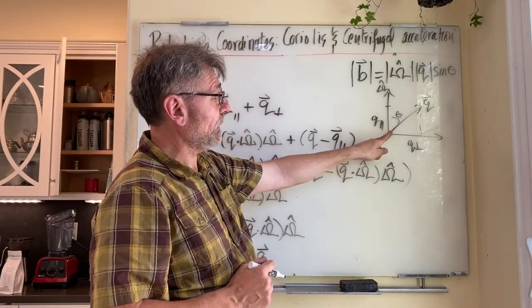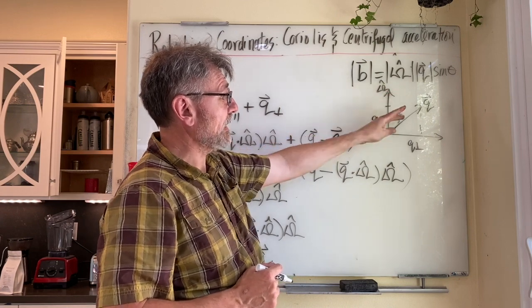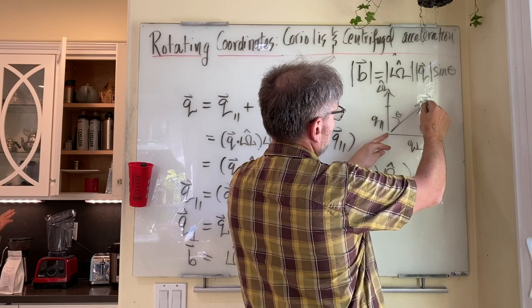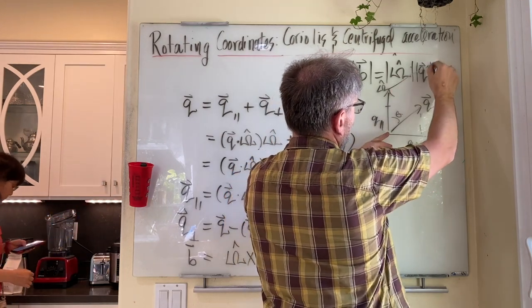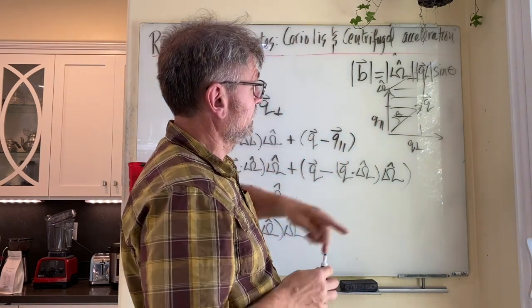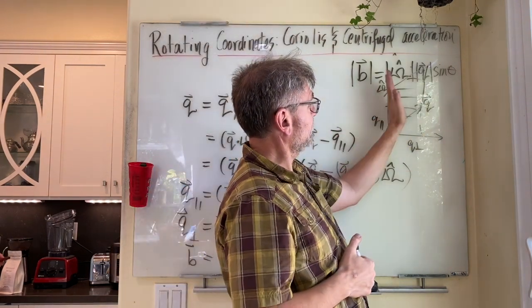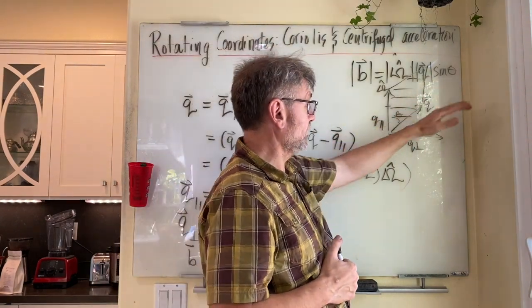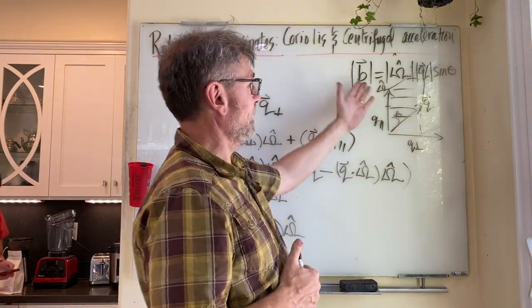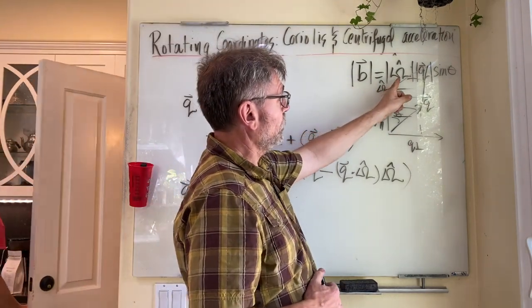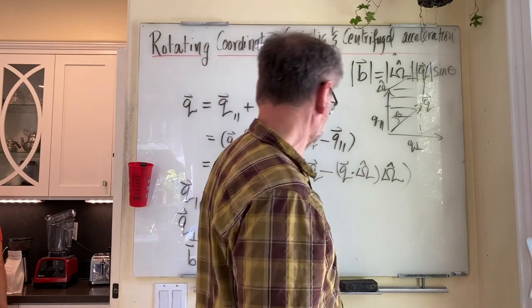So the magnitude of b is defined as the area swept out by the parallelogram by omega hat and q. So if I completed the parallelogram, this area is the size of b. In the limit where theta goes to 0, sine of theta goes to 0, and b goes to 0. So it's going to be a maximum when omega hat and q hat are perpendicular.